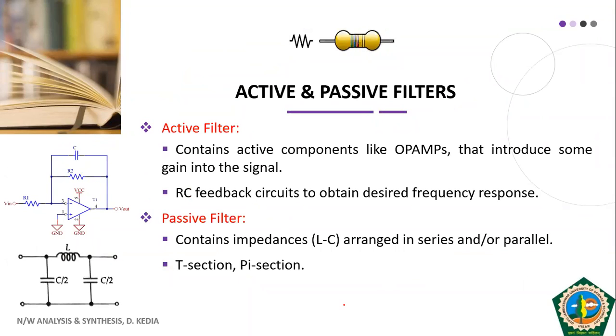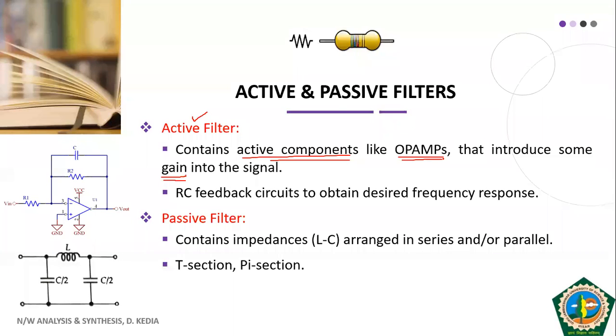Just for clarity of concept, I am explaining what active and passive filters are. Active filters are those filters which contain active components. Active components means components which amplify the signal or introduce gain into the signal, and one such component is the operational amplifier.